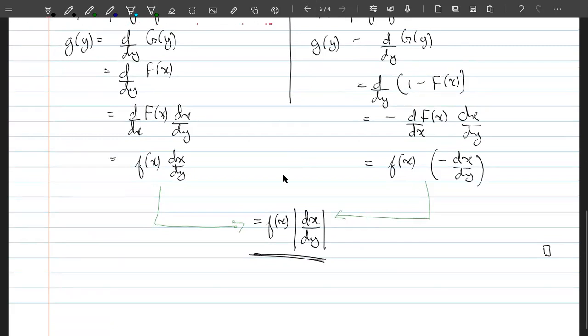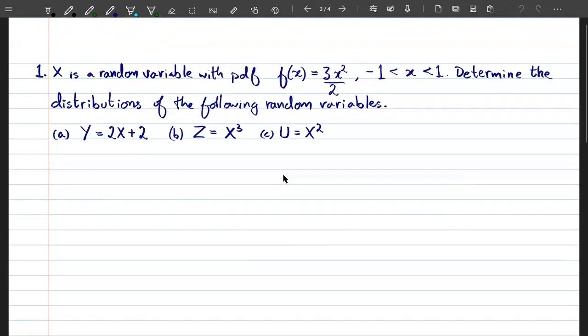So let's look at some examples. So here you have x with PDF of x given by 3x square by 2 in this interval minus 1 comma 1, and you're given three different functions. So first is y equal to 2x plus 2.